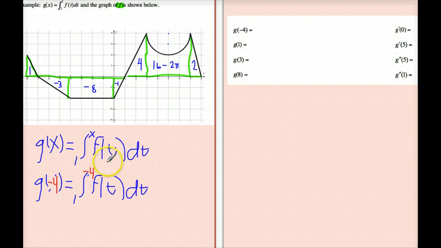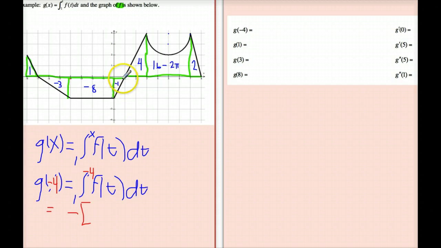So what I end up doing is I go from 1 all the way to -4, which is here. Since I'm changing my direction, I end up getting negative the sum of that area.